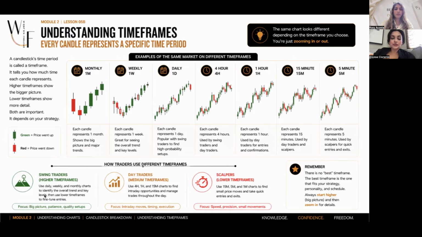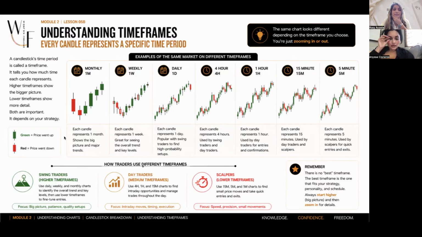So if you see down here, it says swing traders. I think everybody should learn how to scalp, day trade, and swing trade. With swing trading, you're going to look mainly at the bigger picture, depending also on how much time you're giving yourself for the stock or the ETF to get to a certain price.